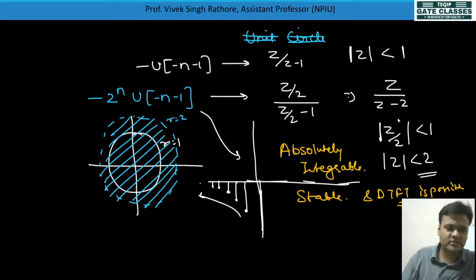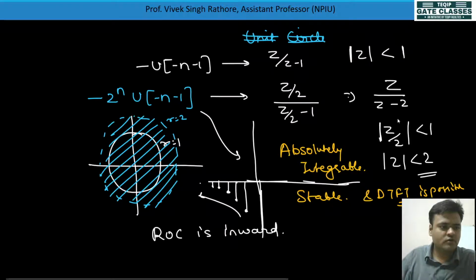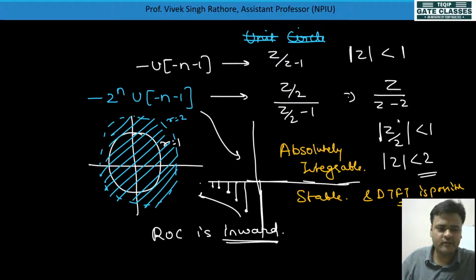So can we say that it is a causal system? We cannot say it is a causal system, because for causal the ROC should be outward, and here the ROC is inward.